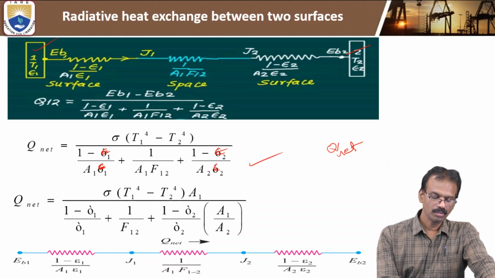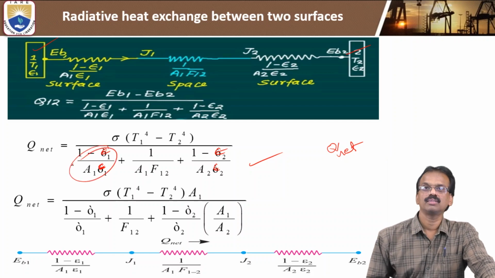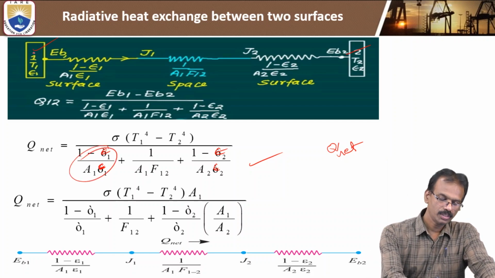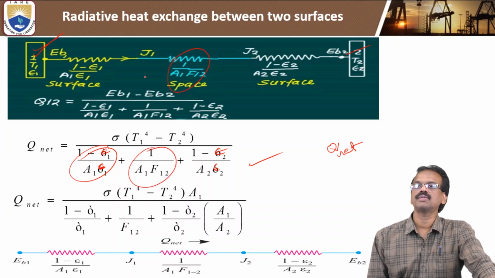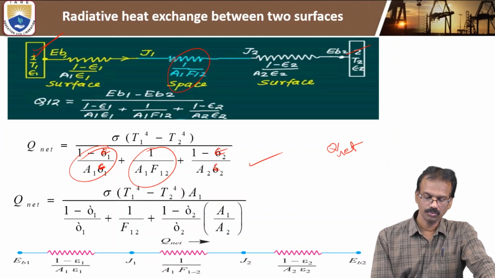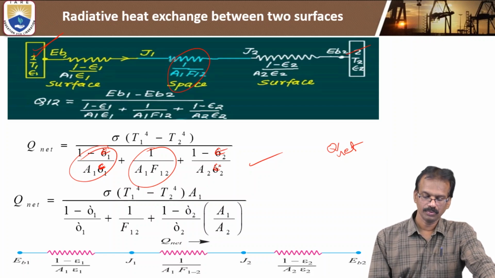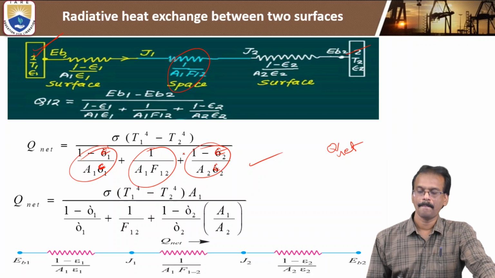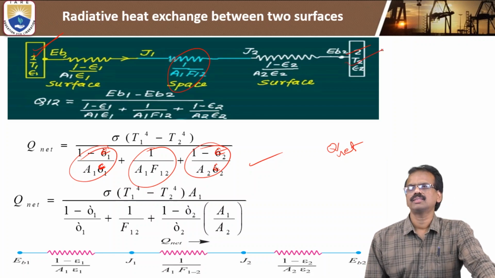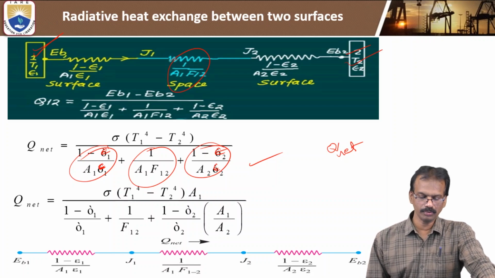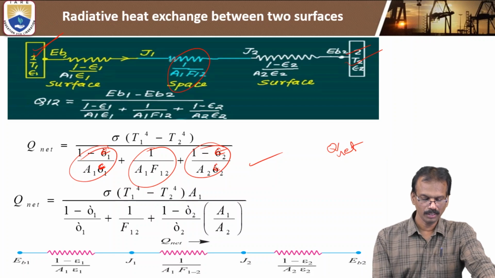Here, 1 minus epsilon 1 by A1 epsilon 1 shows the surface resistance, 1 by A1 F12 shows the space resistance, and 1 minus epsilon 2 by epsilon 2 into area A2 shows the surface resistance of the second surface. You know that Q net you can rewrite like this.